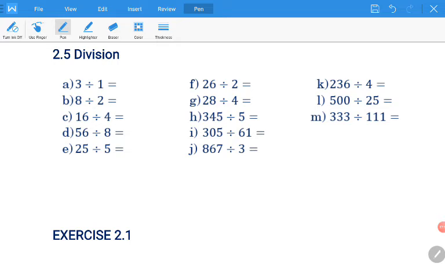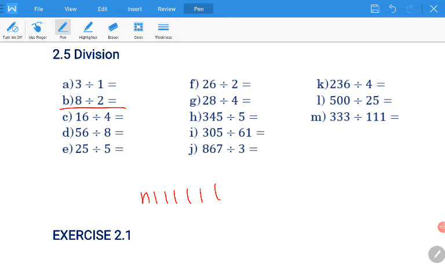For instance, if we have 8 divided by 2, what it means is we are having 8 objects. Then we want to put them in groups of 2.